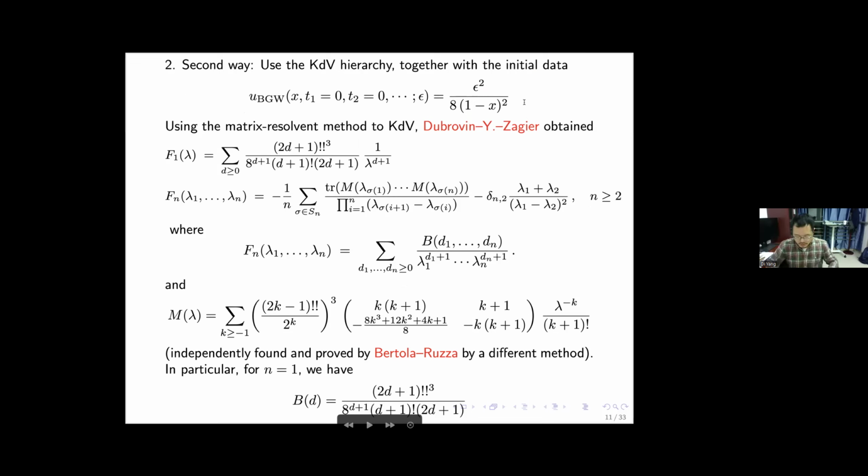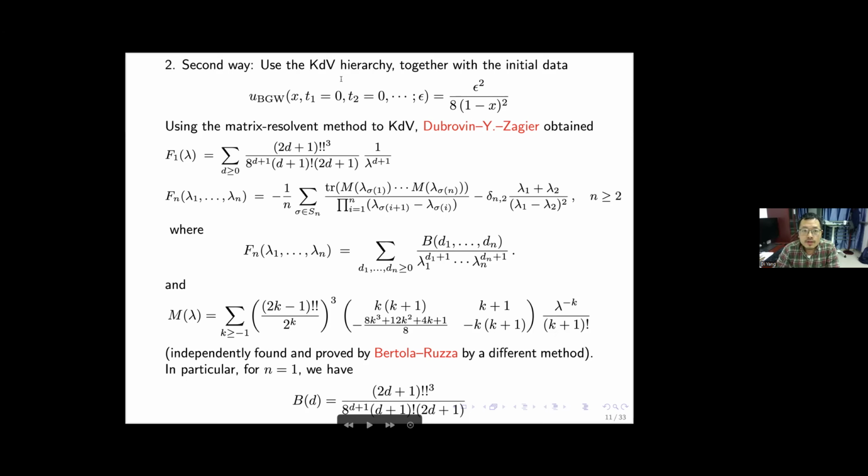Actually, in the 1970s or 1980s, this initial value already appeared in Duistermaat and Grünbaum's study on the bispectral solution to the linear Schrödinger operator. Anyway, they have some long history.